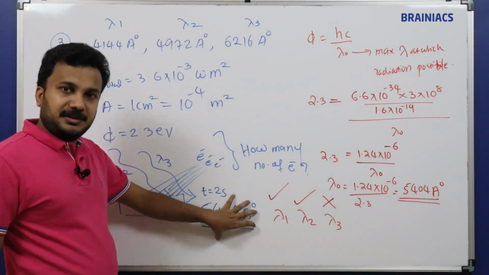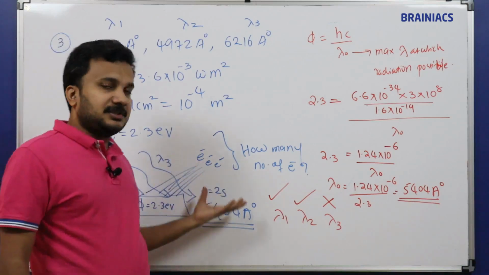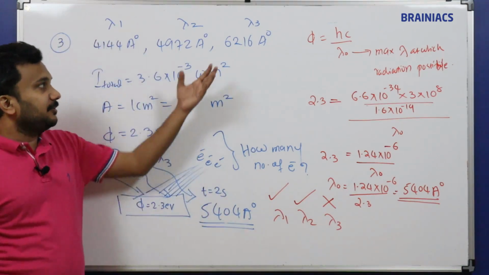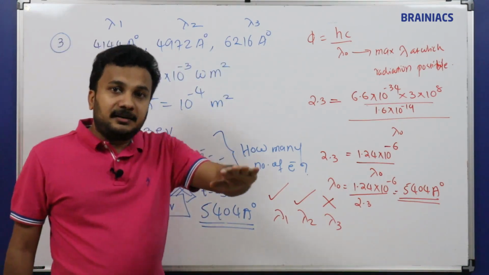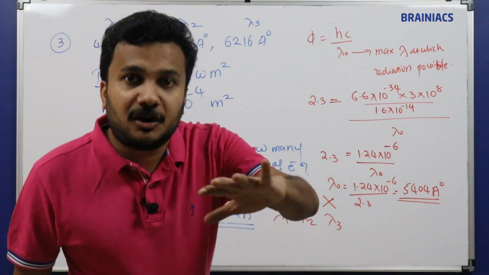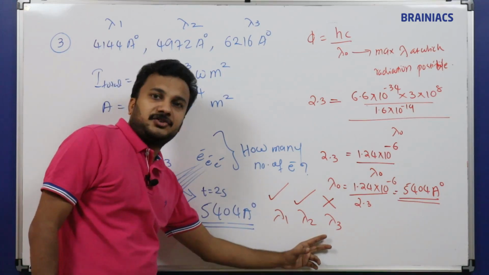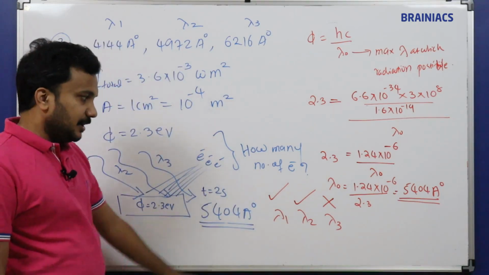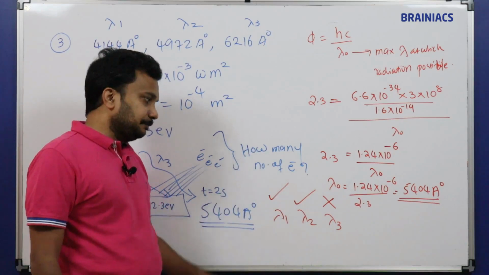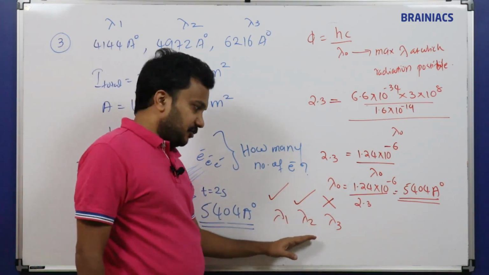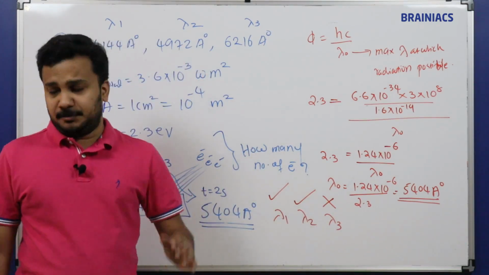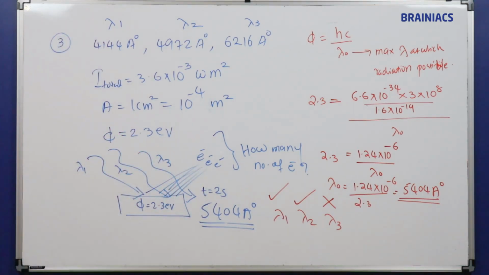Above this angstrom value, if you give any other value, the radiations are not possible. Below it, lambda 1 can emit electrons, lambda 2 can emit electrons, but lambda 3 cannot.